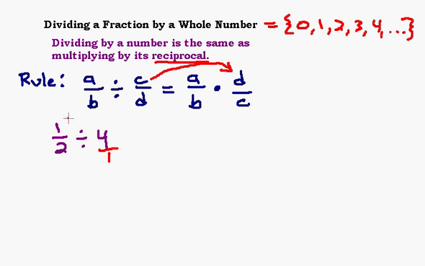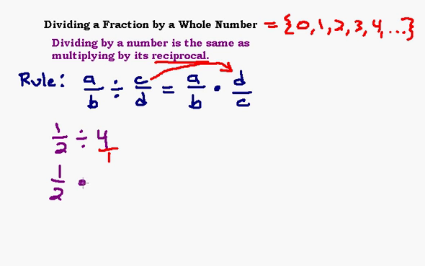So now we have the same format up here. We have a over b divided by c over d. So we're going to rewrite it by multiplying by the reciprocal, like the words say up here. As the symbols say here, we're going to take the first fraction and leave it the same, so the 1/2 is going to stay the same. Then we're going to change the divide to a times, and that dot means times there.